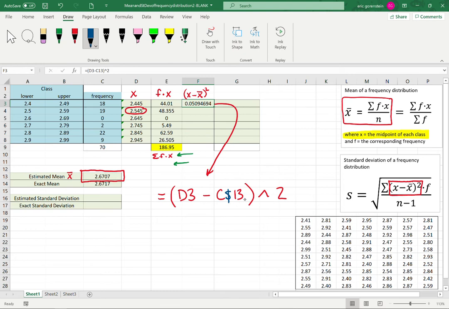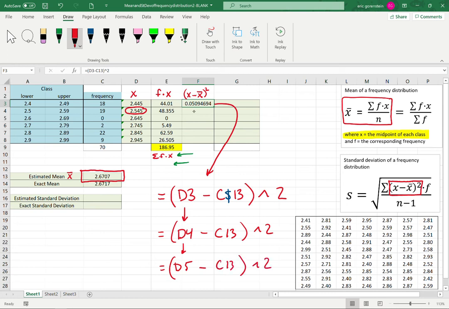It's not going to change. So now with the $ sign there, when I drag this formula down, the D3 becomes a D4, but the C13 remains C13. And then the D4 becomes a D5, but the C13 remains C13. So in every row, we're using the next X value, but we're always subtracting the same number, the mean.